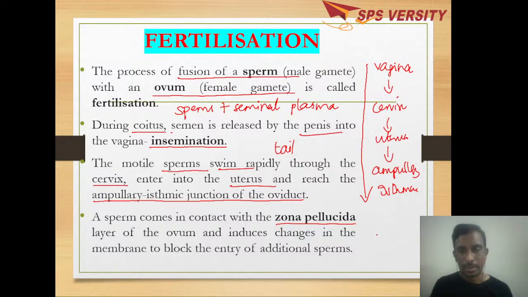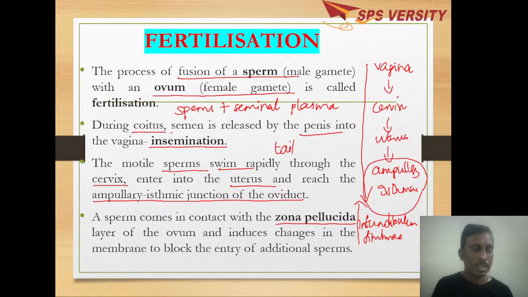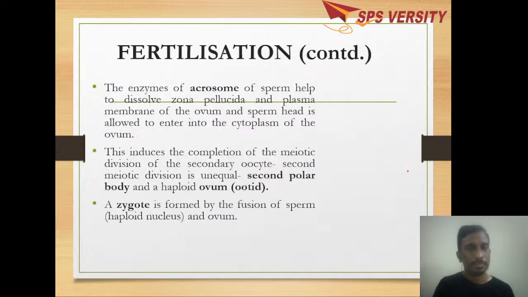From the fimbriae, it enters into the funnel, that is, the infundibulum of the oviduct. Then it reaches the ampullary isthmic junction. That is, the pathway of the ovum is opposite to the pathway of sperms. Both will meet at the ampullary isthmic junction.